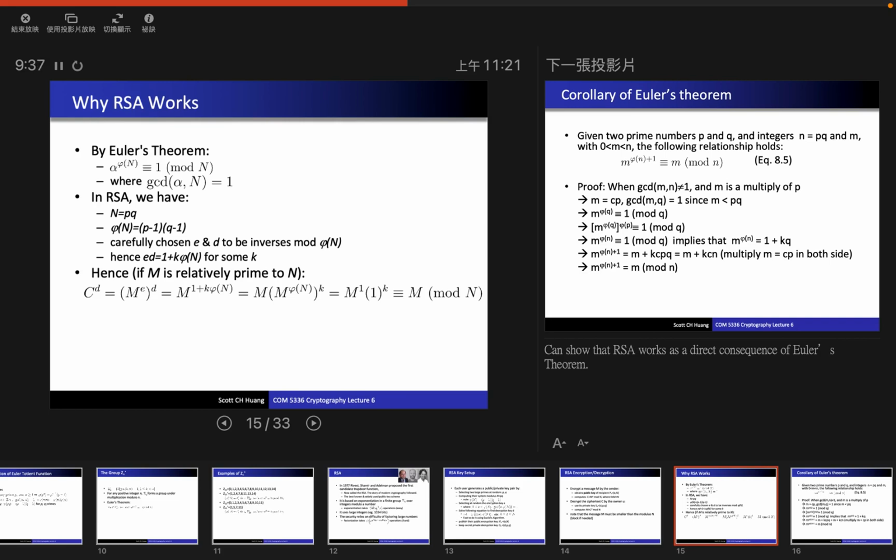Euler's theorem gives you a relationship of how many times you raise it, to what extent it will come back to 1, which is raising to the power of 0. So that's the idea: to what extent will you go back to the origin?